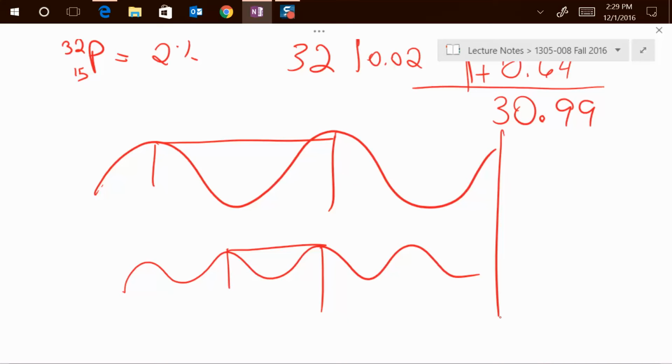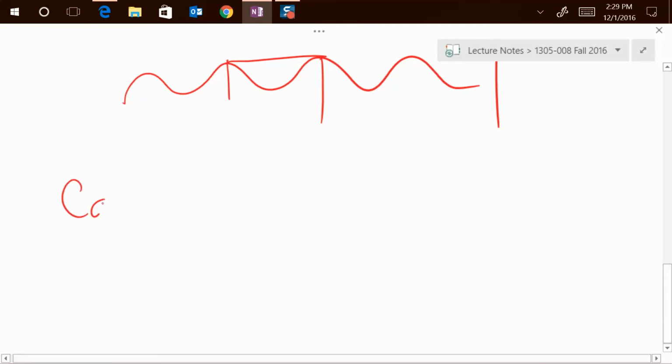Why do I care to know how many valence electrons are on an element? Because if I'm going to predict an ion, I need to know the valence electrons. What is the ion of calcium? Well, how many valence electrons does calcium have? Number 20.